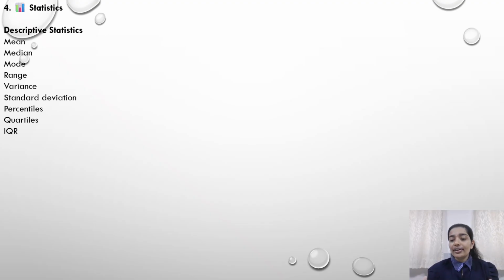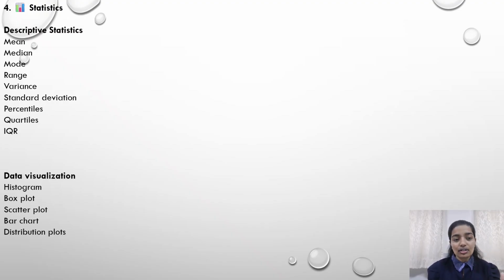Mean, mode, and median: when statistics comes, it will never happen that you can't take the name of these three. They have to come. Then we have range, interquartile range, then different standard deviation, and even hypothesis testing and everything. So start with the basics, and I would say statistics is simple. It's not as difficult as calculus.